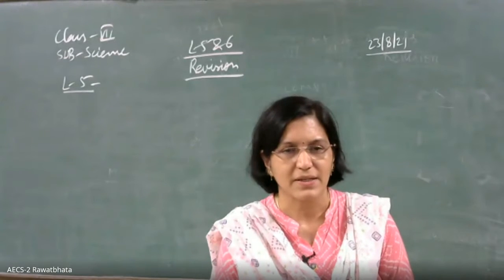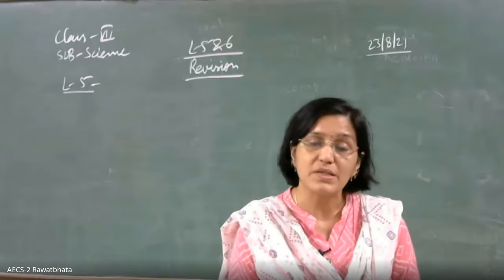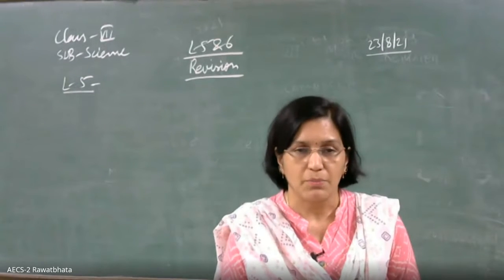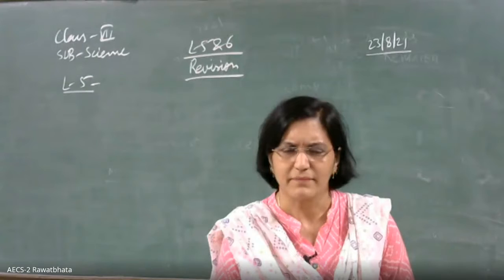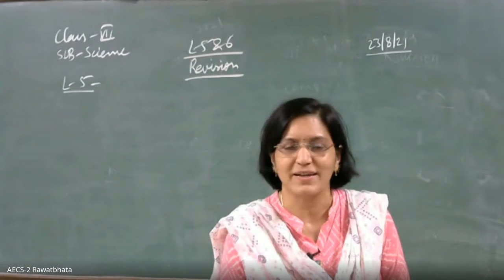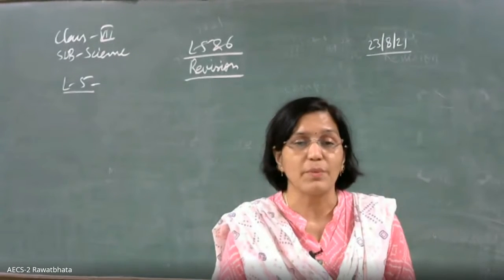Tartaric acid. And you know very well, this tartaric acid is also present in the baking powder. Ma'am, baking soda plus tartaric acid is equal to baking powder. Okay. Well, the baking powder is used for making cakes.